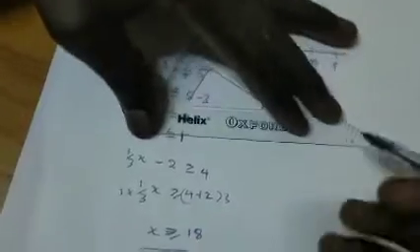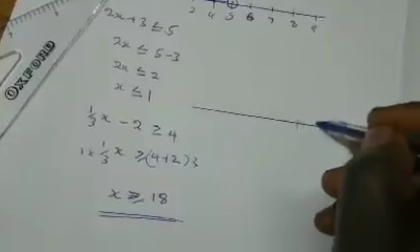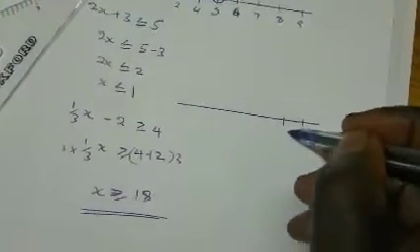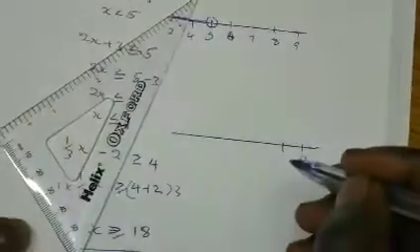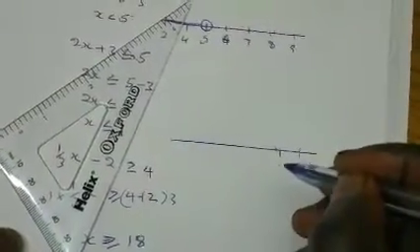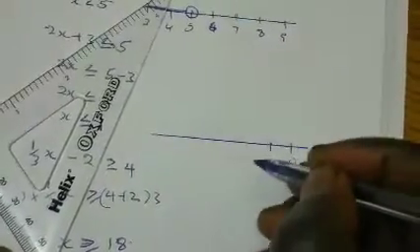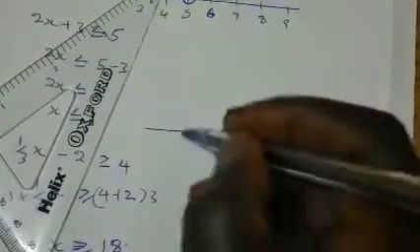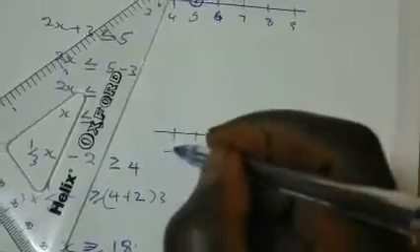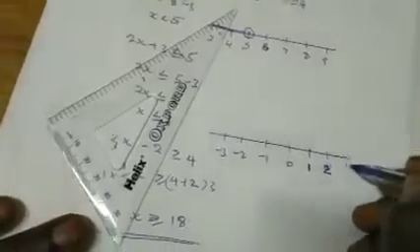If you are asked to represent this solution on a number line, then we have it as x is now less than or equal to 1. So we have 0, 1, negative 1, negative 2, negative 3, 2, and 3.